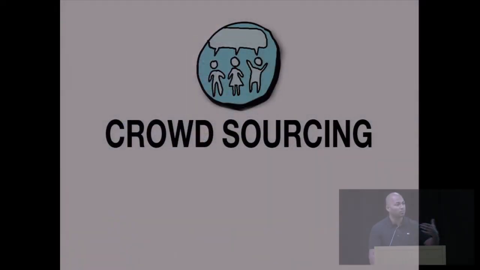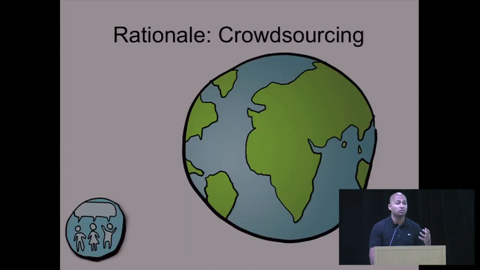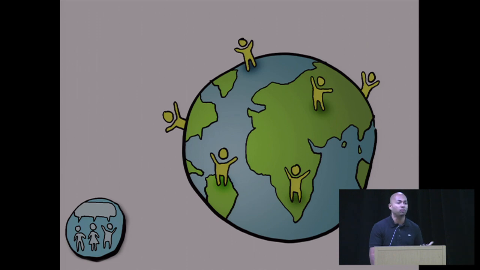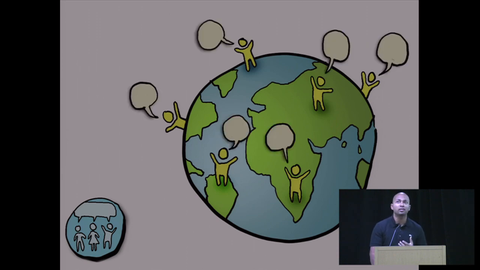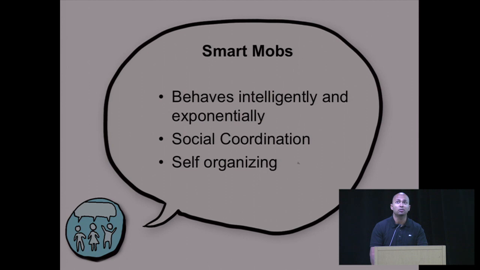So first, I'm going to touch quickly on this whole idea of crowdsourcing, in which Ushahidi has been very much a part. And you can see the rationale being that most conflicts happen wherever there are people. And people have many ways to say things, and some of the means that they use are SMS technology, computers, and the internet, and they have the potential to bring about something called smart mobs, which is what we've been seeing happen lately.